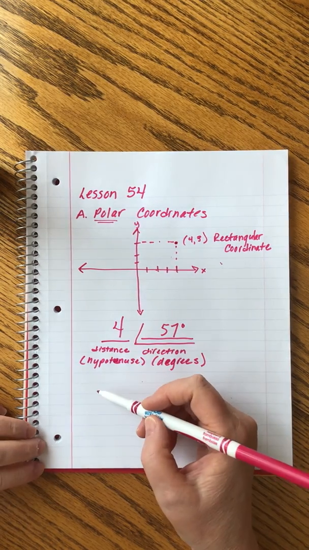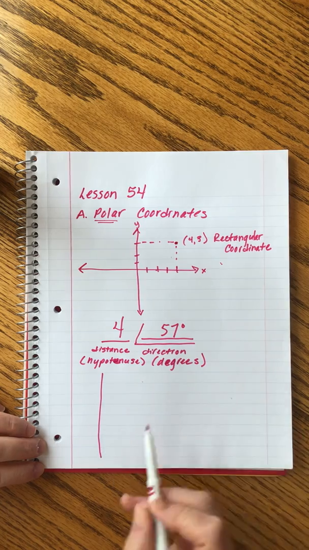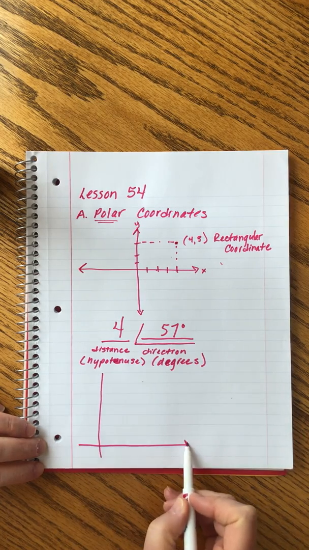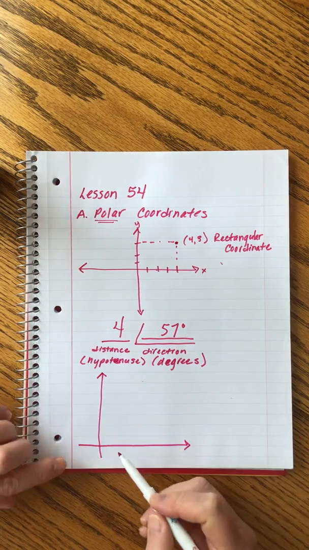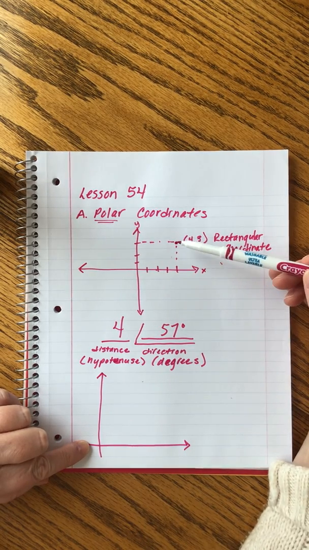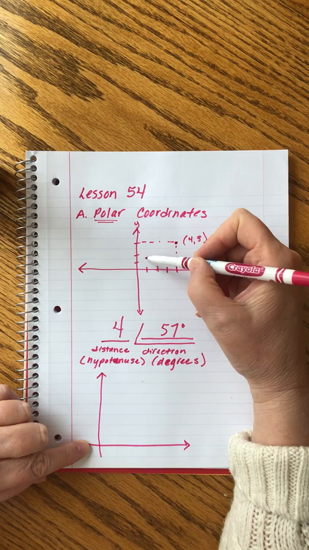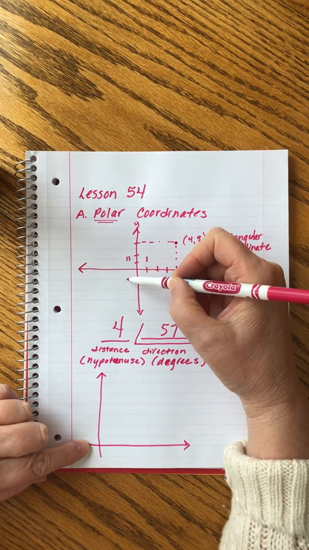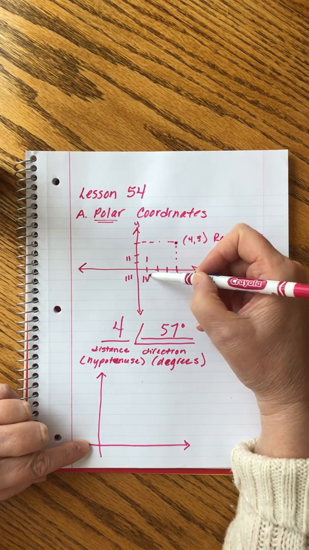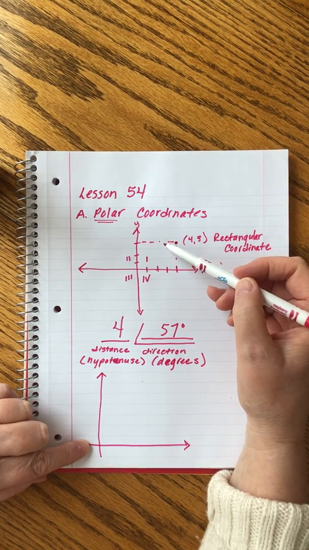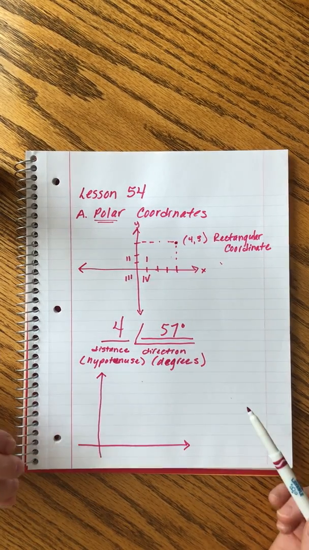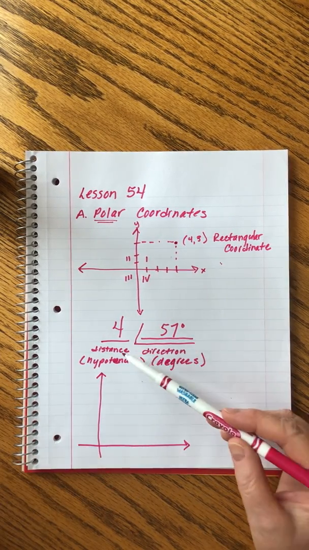So the first thing we always do is start with a picture. And in this picture, I happen to know that our point is going to be in the first quadrant. Remember how we have the quadrants numbered 1, 2, 3, 4? Well, this is positive, positive, right? And I just happen to know ahead of time that this is going to end up in the first quadrant.